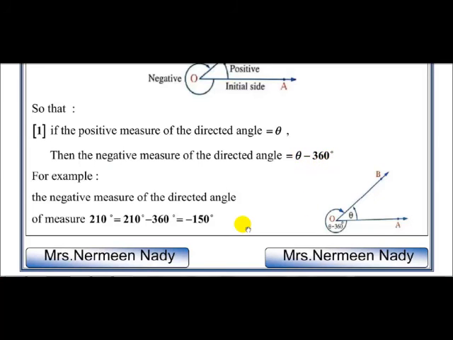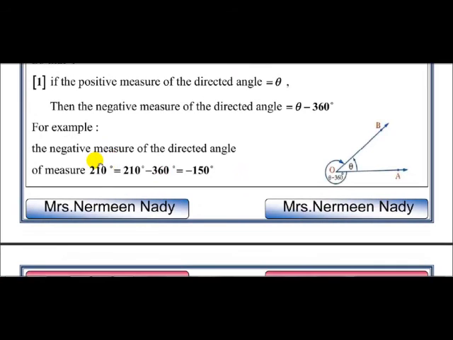For example, if the positive measure of an angle is 210, what is the negative? To get the negative, you write the positive minus 360, so 210 minus 360 equals negative 150.